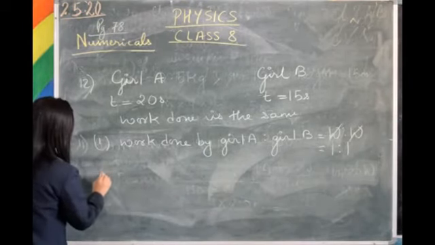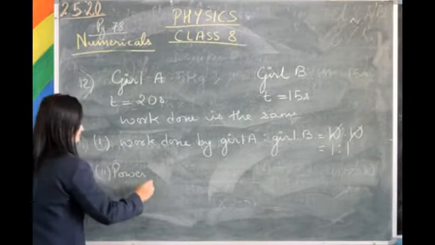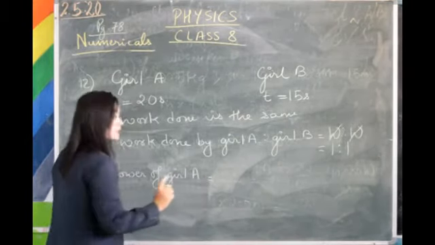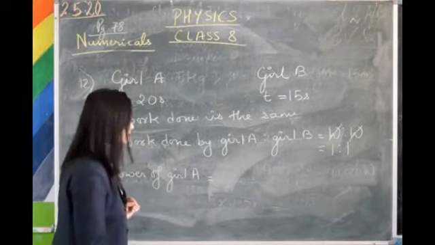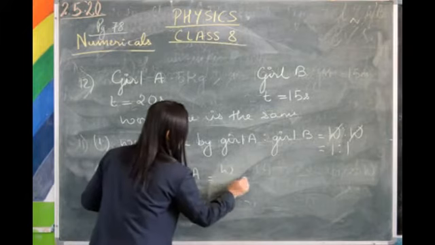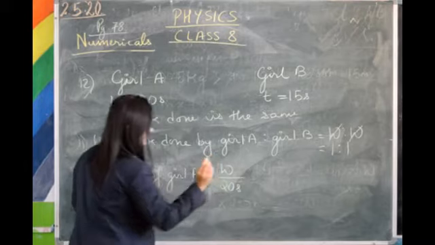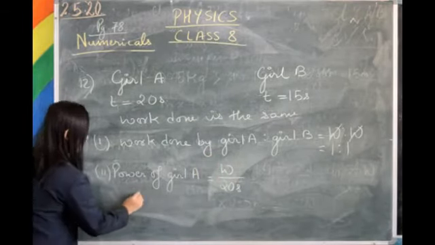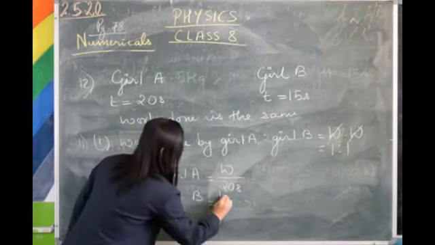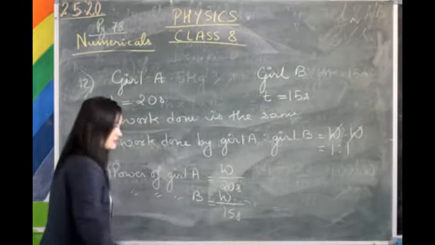Now, number 2, the power of girl A will be different because the time taken is different. As we know, power depends upon time. So work done, you can write it as W, time taken is 20 seconds. Now the power of girl B is, the work done is the same W, but the time taken is 15 seconds.